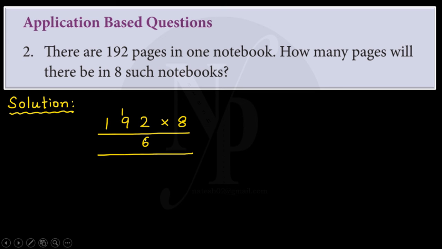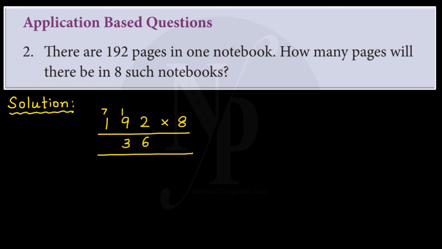Now we multiply 9 by 8. 8 nines are 72. 72 plus 1 is 73. That is 73 tens. 73 tens are regrouped as 700s and 3 tens. So we carry forward 700s to hundreds place and we write 3 in tens place here.